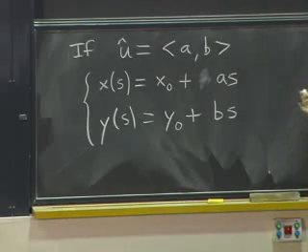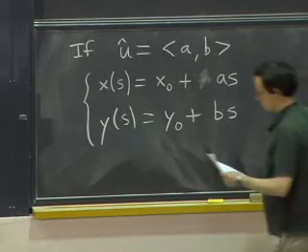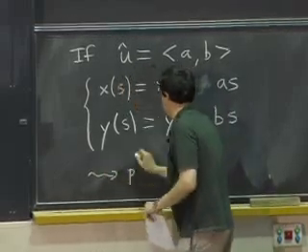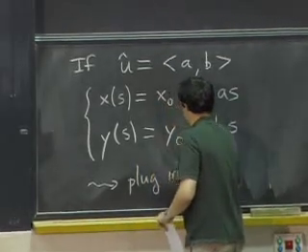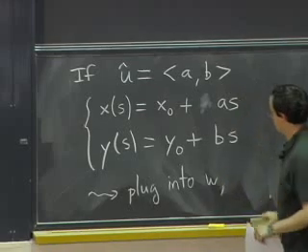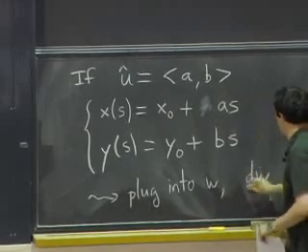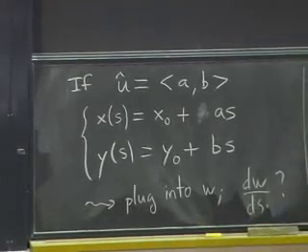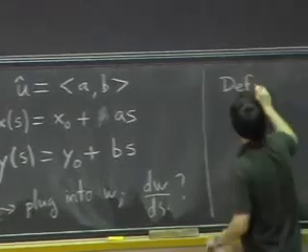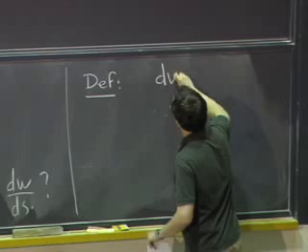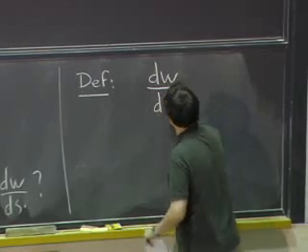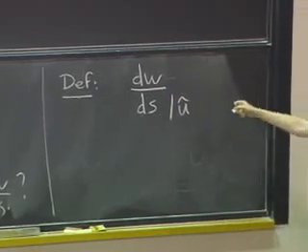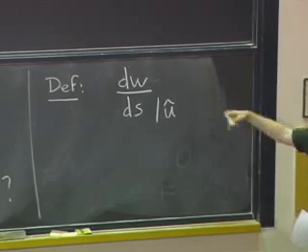And then we plug that into w, and then we take the derivative. So we have a notation for that, which is going to be dw ds with a subscript u, to indicate in which direction we're actually going to move.